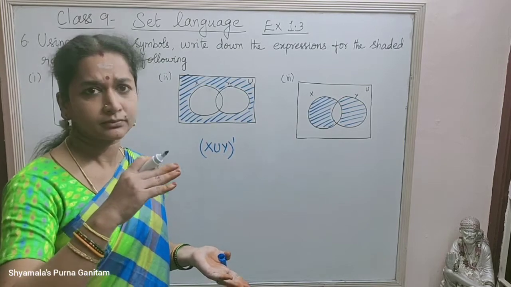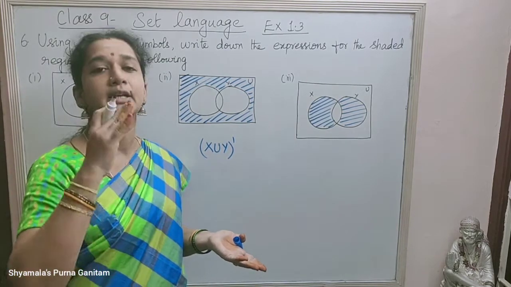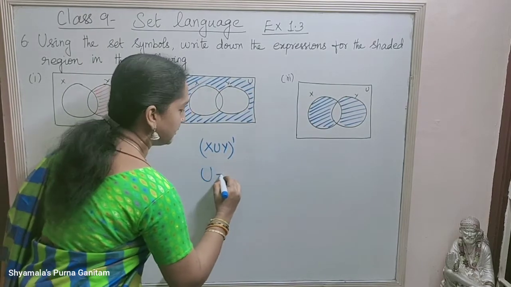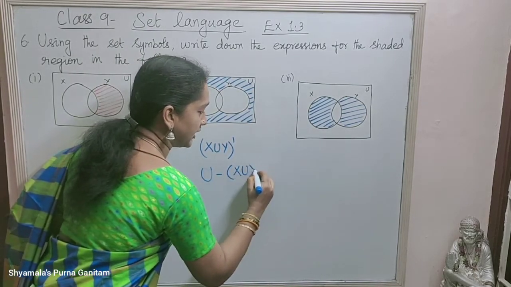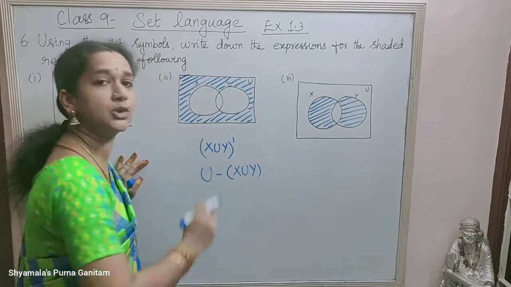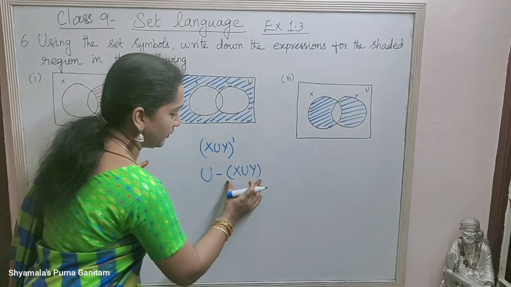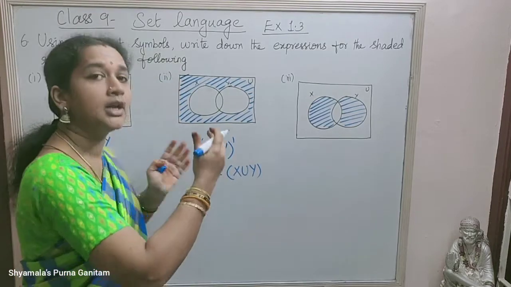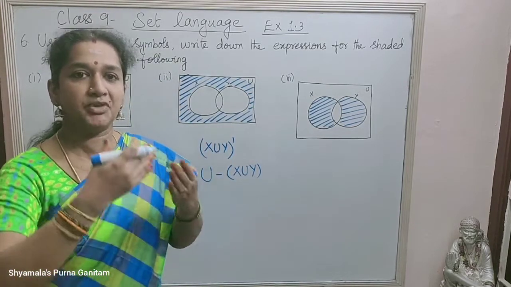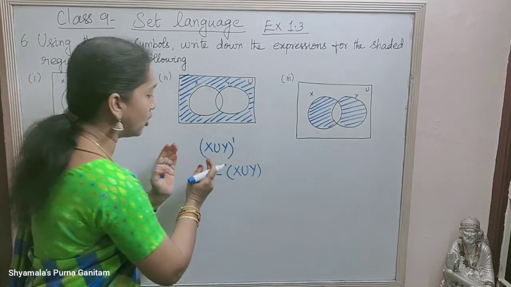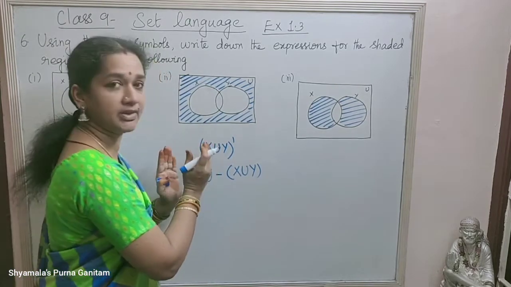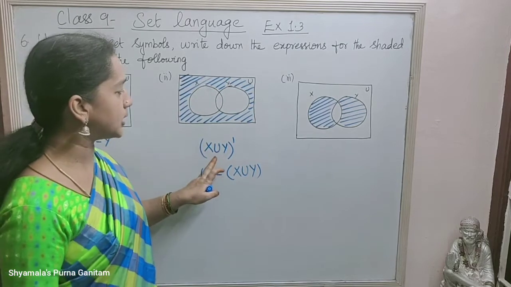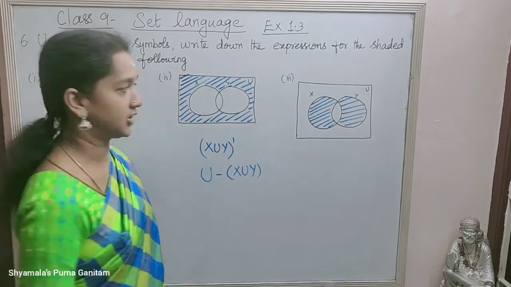Universal set minus X union Y. If you take these two sets, X union Y and the universal set, the common elements from both we remove, and only the remaining elements from the universal set we take. So this is X union Y, the whole dash.